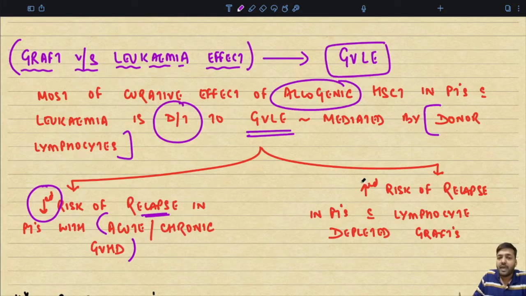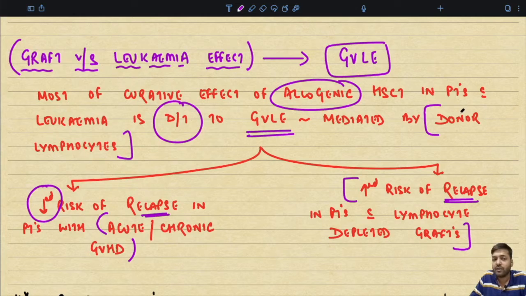The second important thing is that there is an increased risk of relapse in patients with a lymphocyte depleted graft. Sometimes the donor hematopoietic stem cells are depleted of lymphocytes.